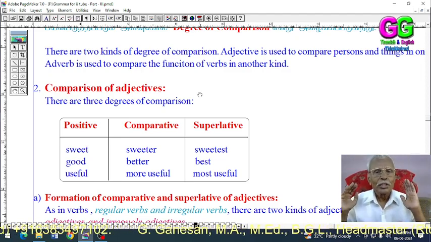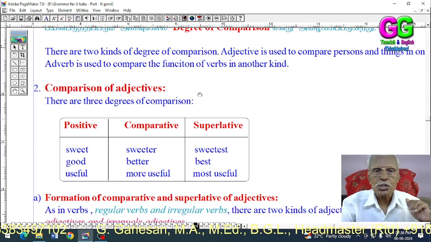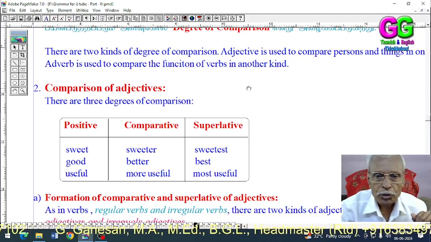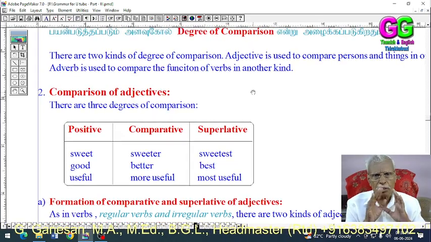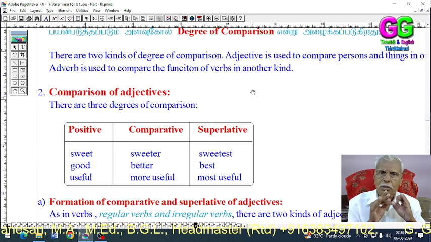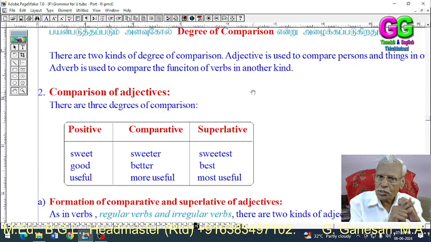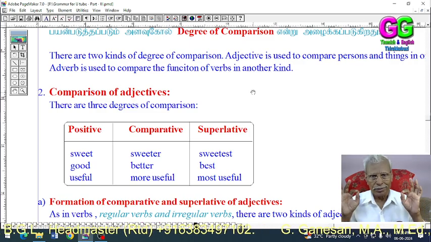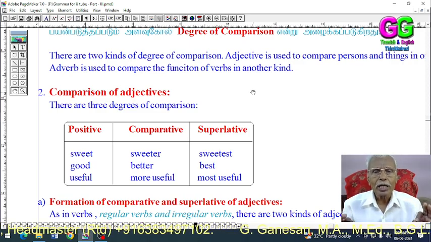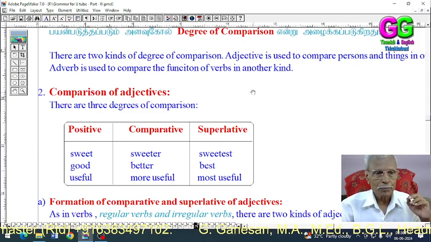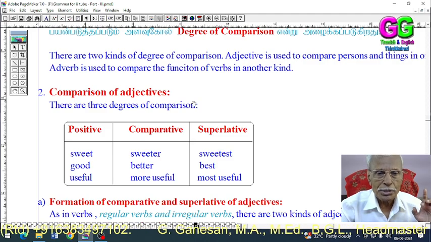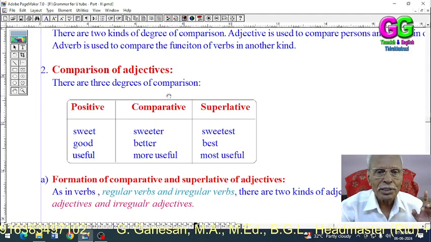So in degrees of comparison, two elements, adjective and adverb, are used. In this class, we are going to see about the adjective. Comparison of adjectives. There are 3 degrees of comparison.